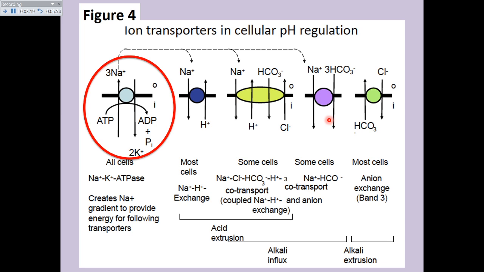H is expelled by way of Na, and HCO3 comes in by way of Na. So the Na gradient is very important, and Na should be low inside the cell for this mechanism to work.